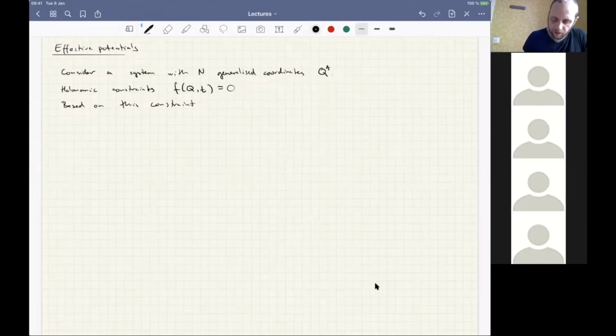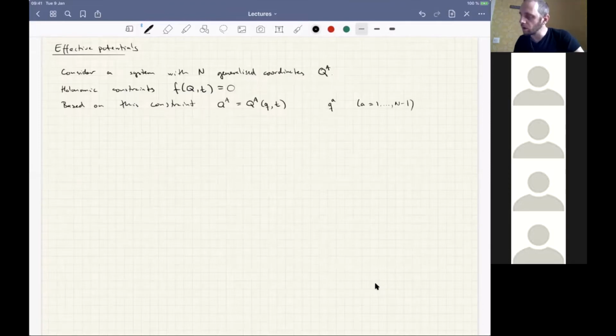So based on this constraint, I can write Q^A as a function of some coordinates, regular q^a, and time, where a goes from 1 to n minus 1. So we have n minus 1 coordinates and time. So these functions depend on that.